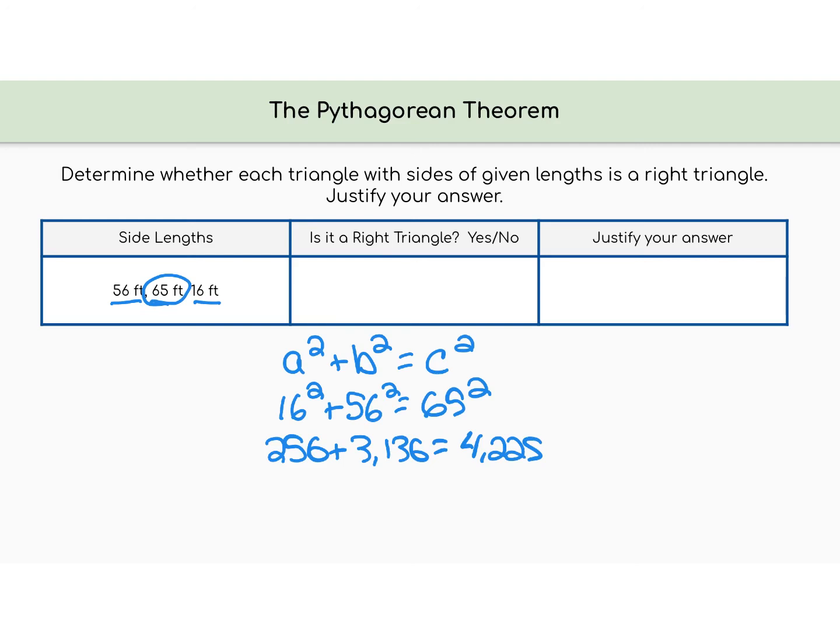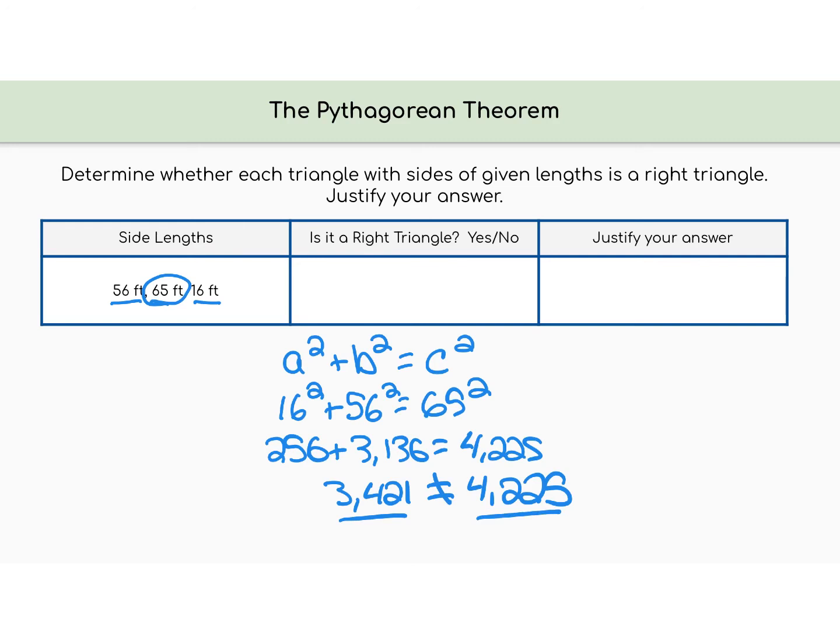256 plus 3,136 is equal to 3,392. Now that is not equal to 4,225. So as we can see here, the squares of our legs is not equal to the square of the hypotenuse.